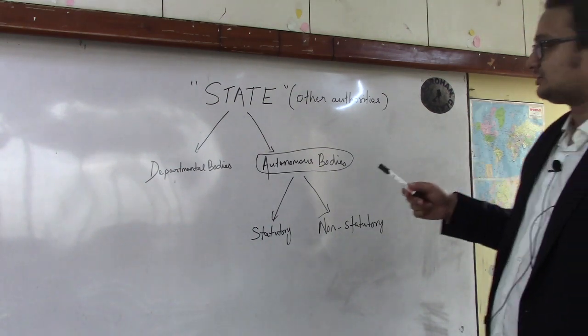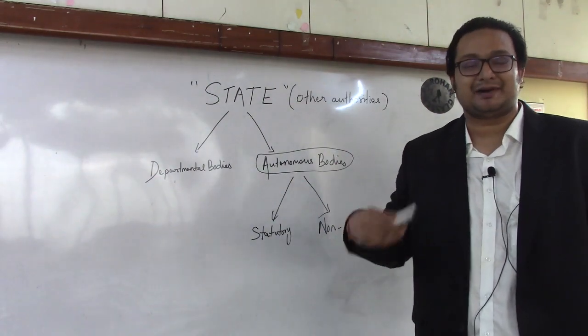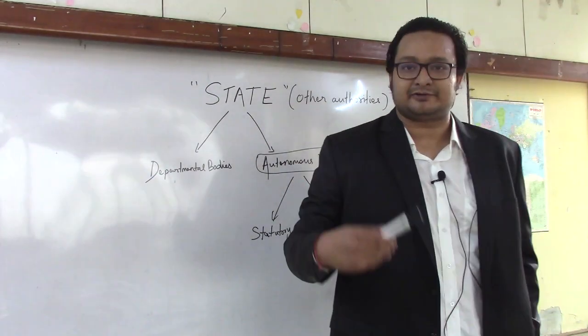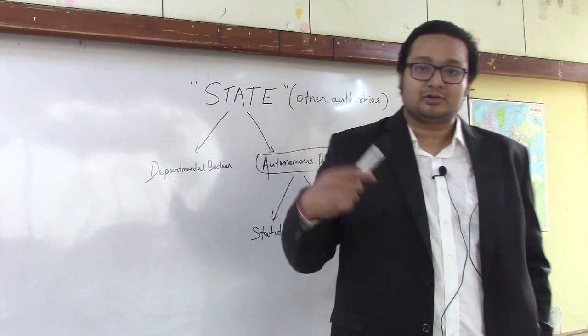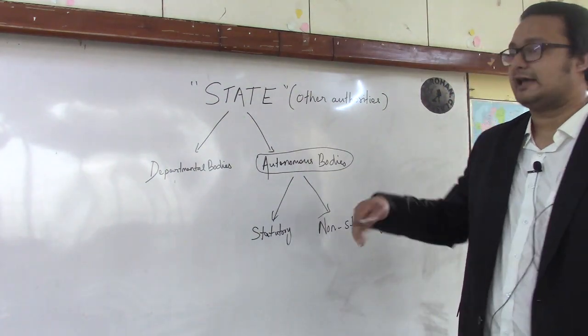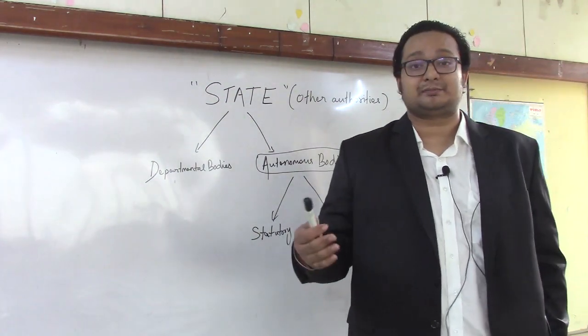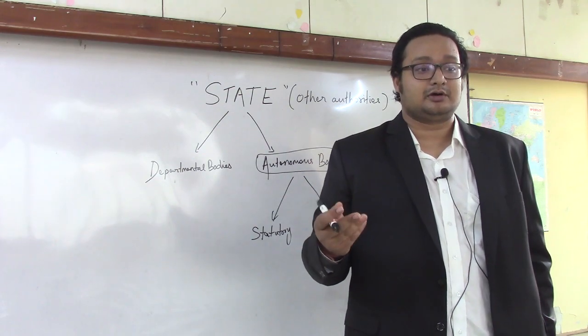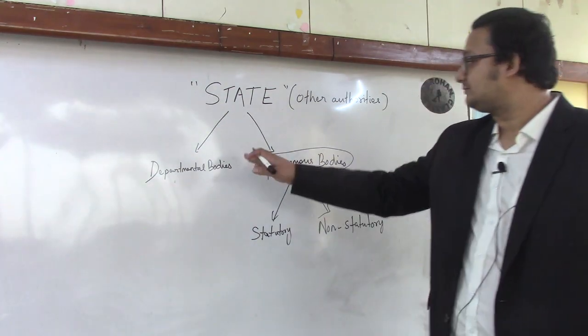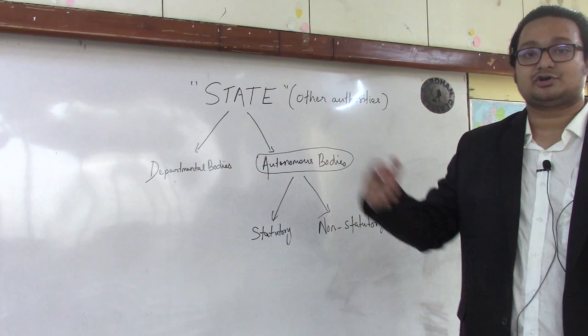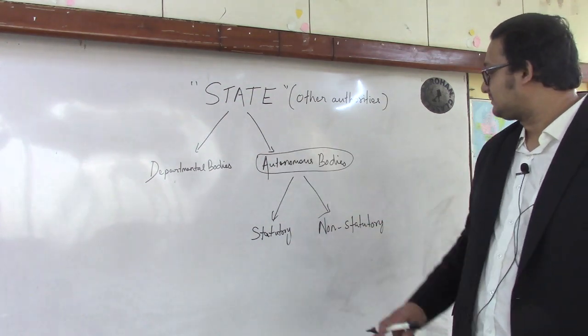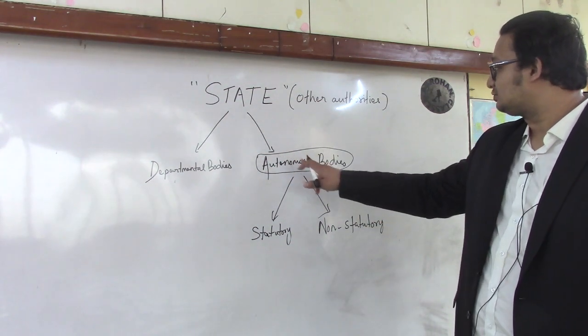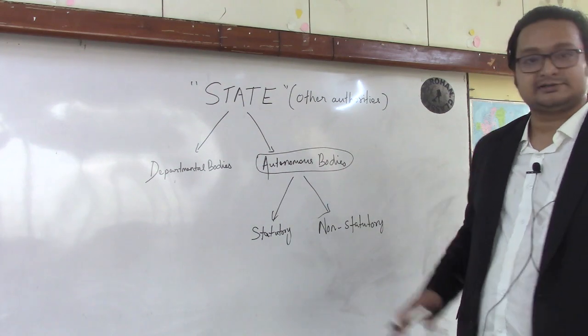State can function because, like I said, the very premise of what I'm saying is that India is a welfare state, right? Being a welfare state, it has to carry out multiple functions which it may not be able to carry out only through the arm of departmental bodies. Because of that, it can carry them out also through autonomous bodies.